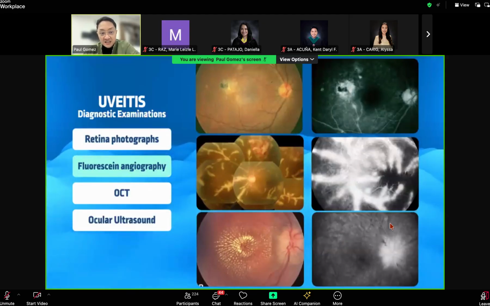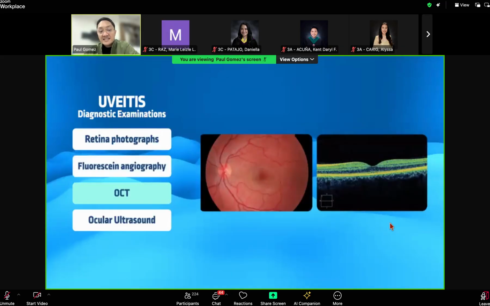So in this test, a fluorescent dye is injected intravenously to light up the blood flow in the retina, which may present as staining, seen in the top photo. The leaky structures can be appreciated in the middle and the bottom pictures, or the FA may also show some obstruction.